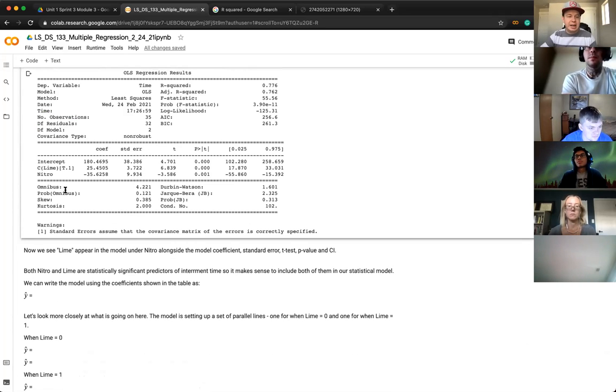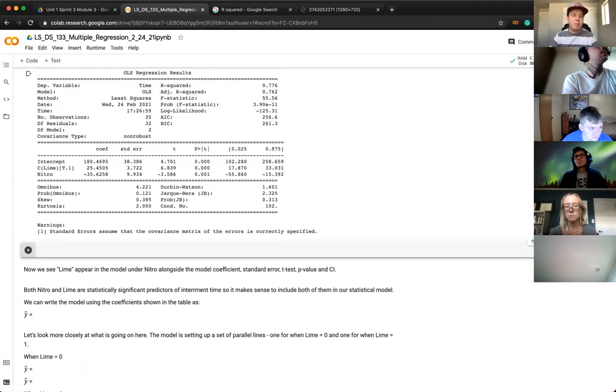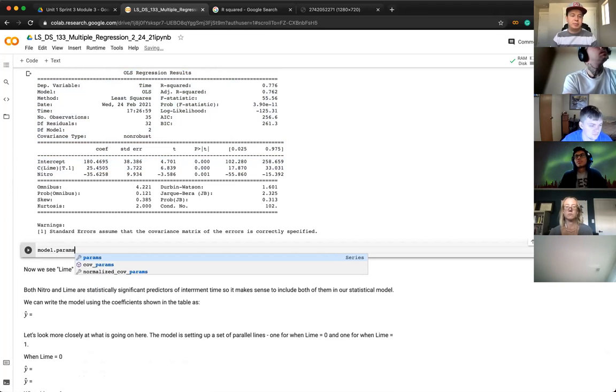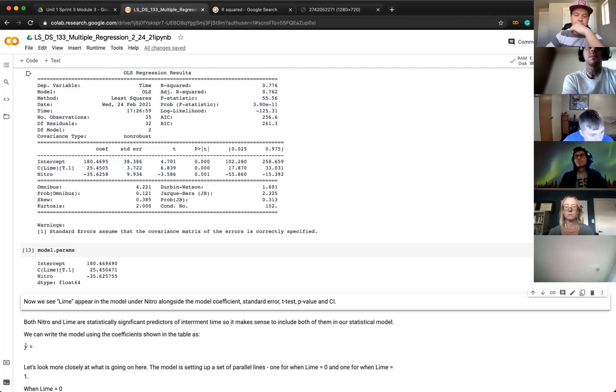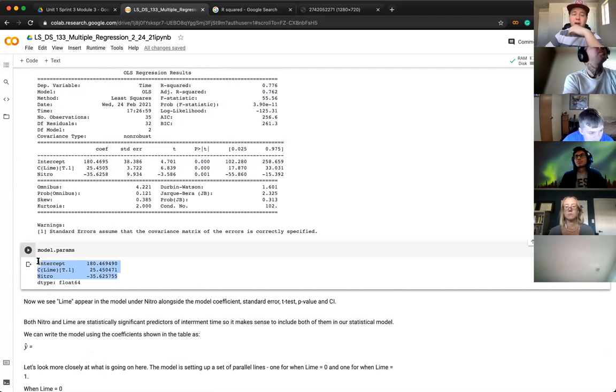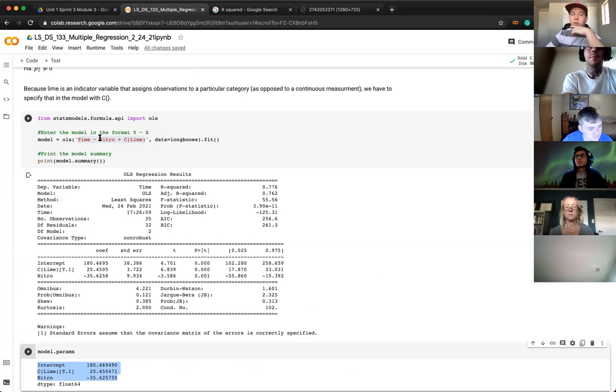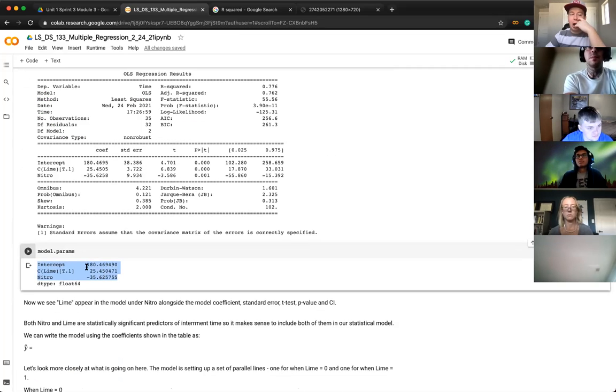And you'll see that this order down here is also reflected in the model.params. Okay, so just know that the order of model.params is not necessarily reflective of the order in which you put them in the string up here. Okay, so be careful about that. Always double check the model.params to make sure you're grabbing the value that you think you're grabbing from it.